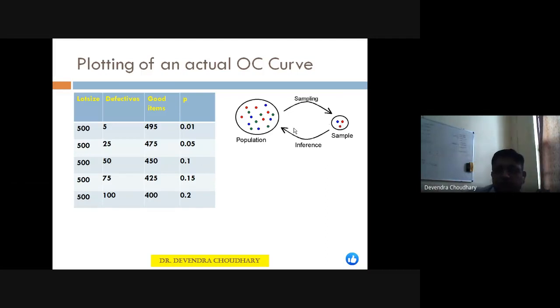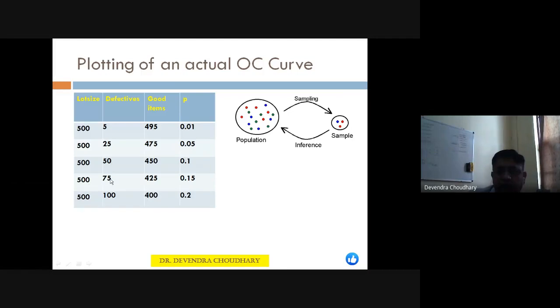After that, the total accepted numbers are counted and divided by 10. So that will give you the probability of acceptance at this fraction defective. And this way you can repeat for all combinations.